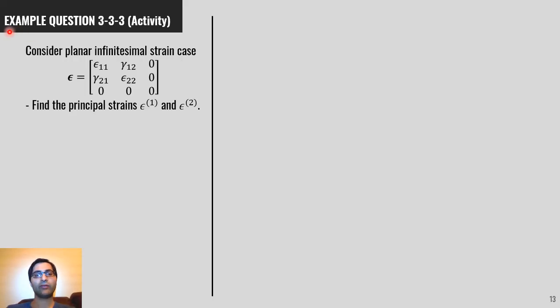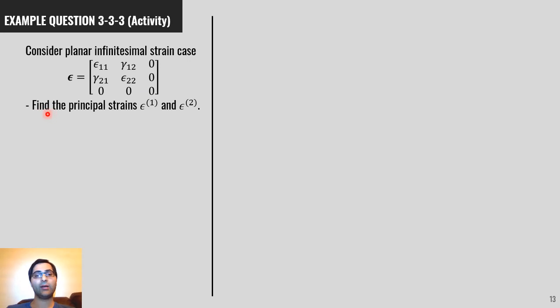Finally, we have an example for you to work on during your break before we start the fourth part of this lecture. It says consider a planar infinitesimal strain case with epsilon 11, gamma 12, gamma 21, and epsilon 22. The rest of the elements are 0.